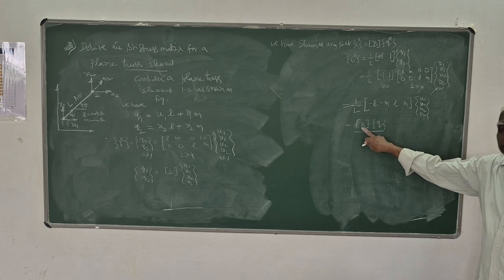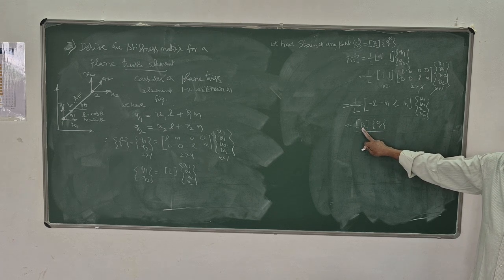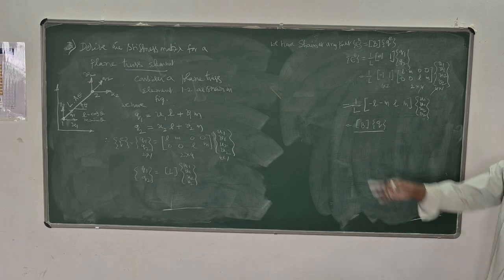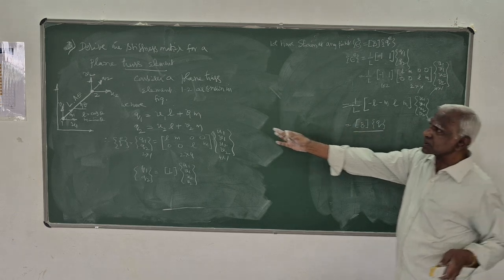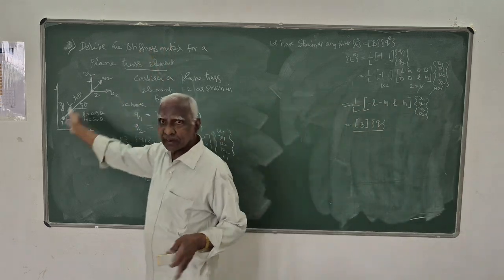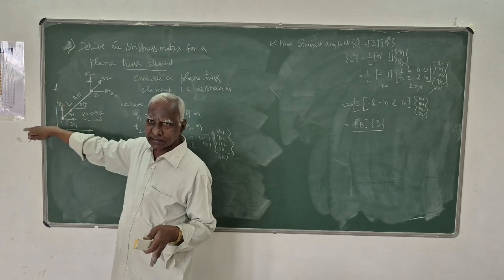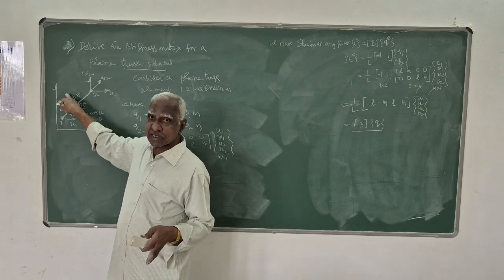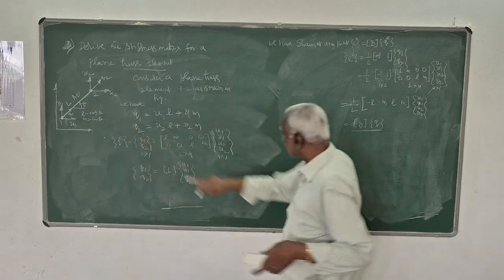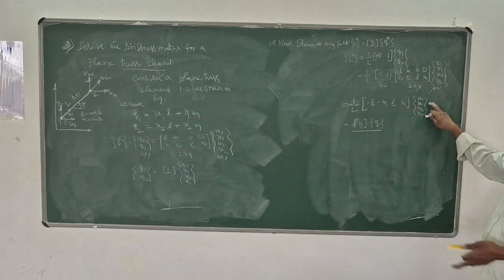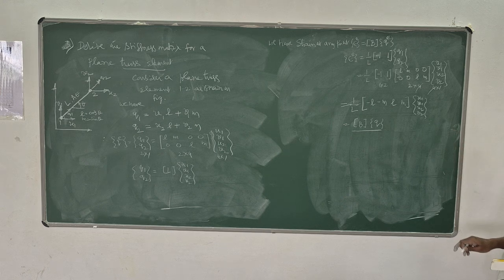So the new strain displacement matrix in global coordinates. If you treat this as a strain element, not just a bar element in any direction, it will have 2 displacements. So to convert that into global, this is what I have to do.